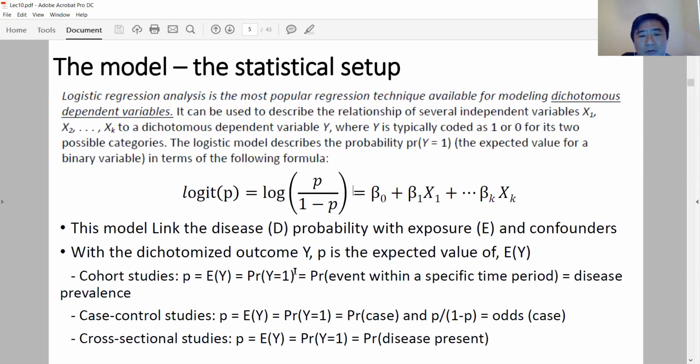Actually, p is the function, the expectation of y. You should keep in mind, this p is not just p itself, it is an expectation of your outcome variable y.